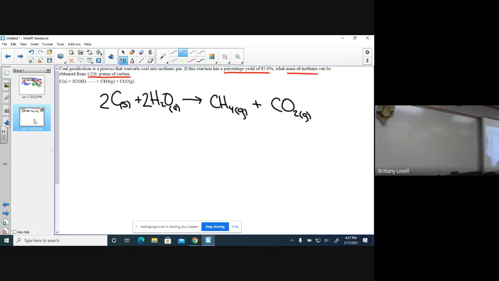They give me a percentage yield, so I'm going to put that over here and set it aside. It's an 85% yield. And I know that with percent yield, that means I've got to have an actual yield over a theoretical, right? And so I've got to figure out what I've got. It says, what mass of methane, which one of these things is methane, do you think?